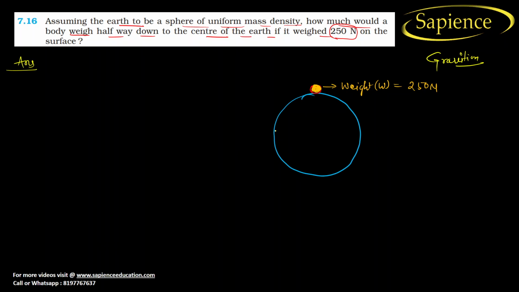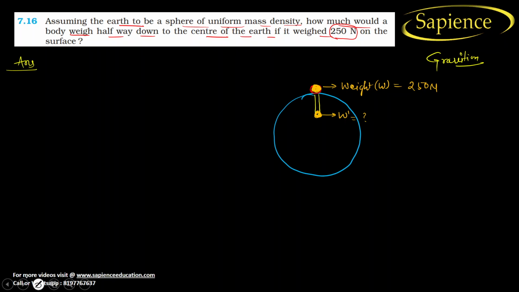Now they are asking us to find the weight when the body goes deep inside the Earth. If the object is kept at this point, we need to find the weight W dash. W dash is equal to what? So this is the question.